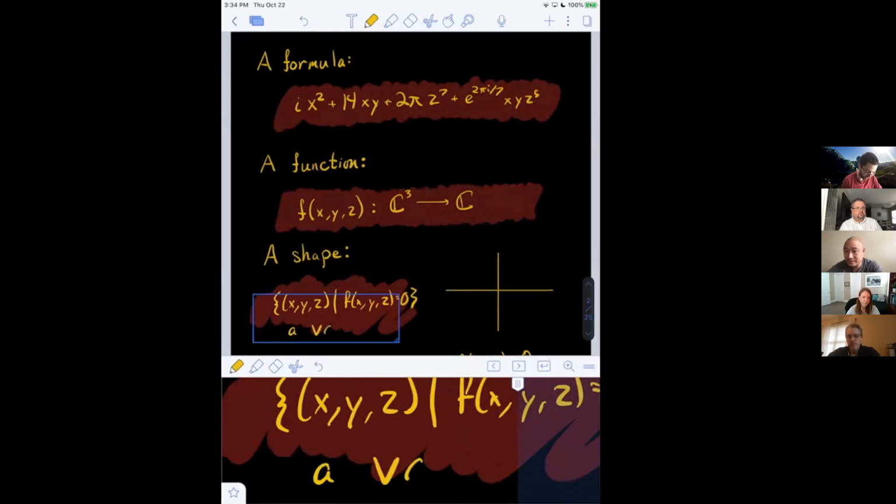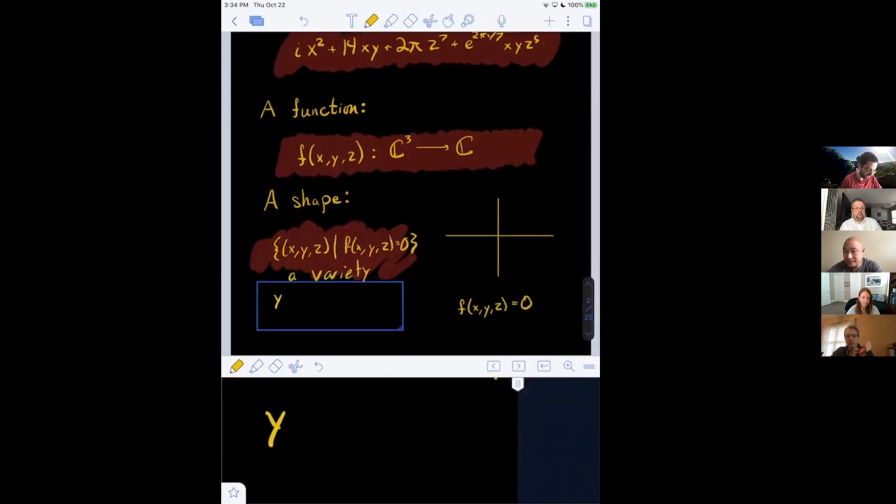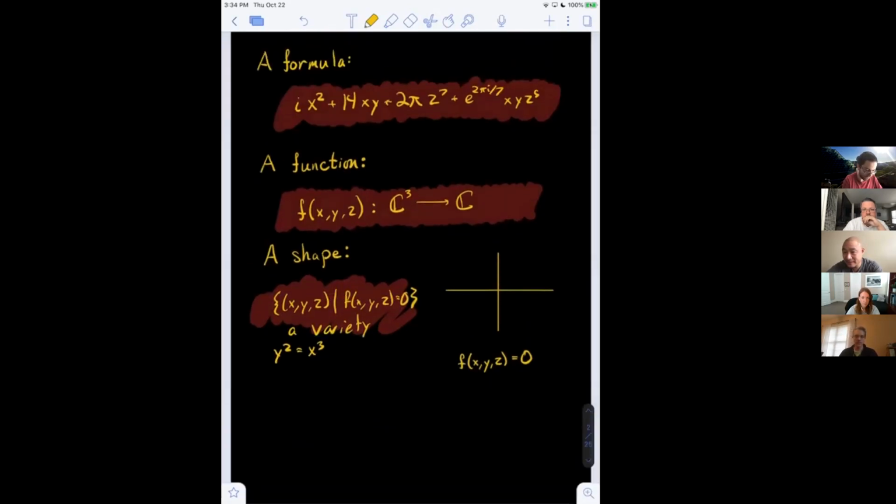Maybe just as an example, take the equation y squared equals x cubed. If you graph the real solutions, it would look something like this. This is called a cuspidal cubic. You could also graph the complex solutions, and then it would look something like this. It would be a sphere with a little point, kind of like a teardrop.